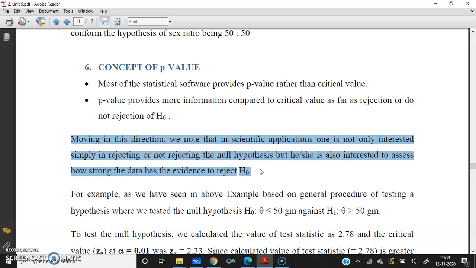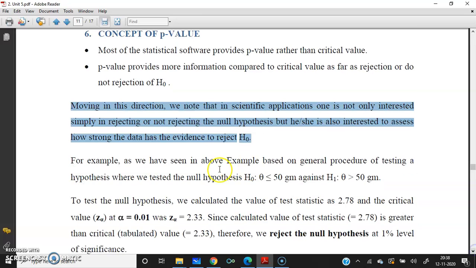P-value gives more information than just rejection or non-rejection. We have collected the evidence, and how strong the evidence is, that is given by the p-value.